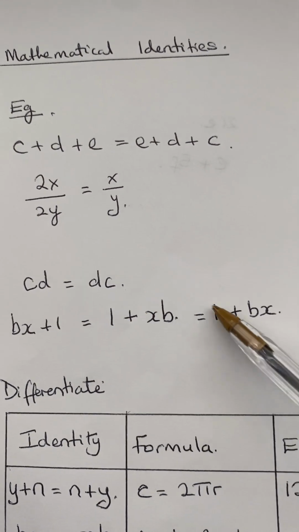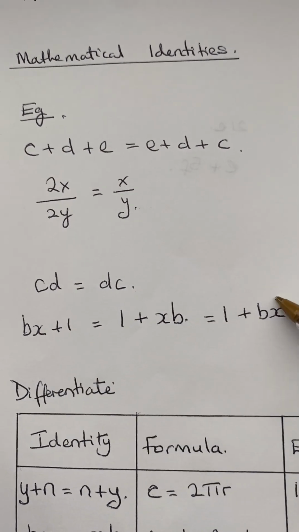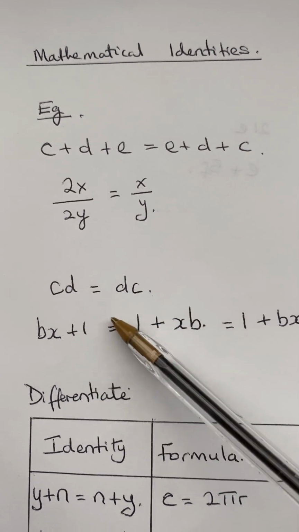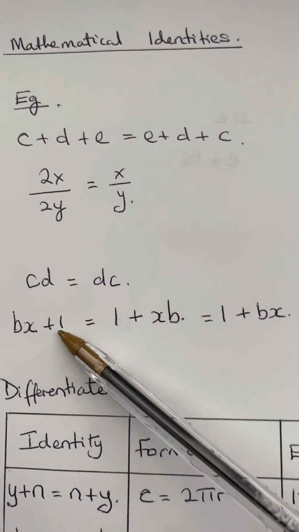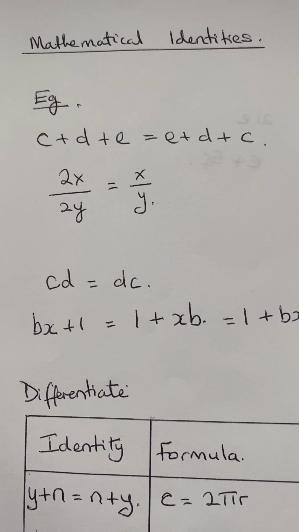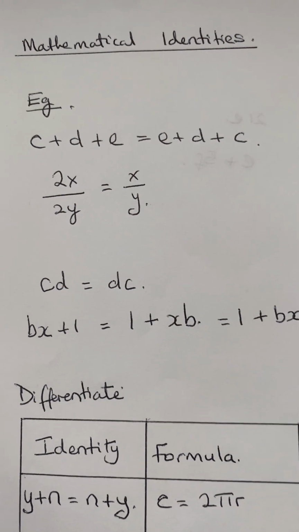So I can swap 1 and bx because they are the same. x and b in this expression will have the same value. So they are the same.